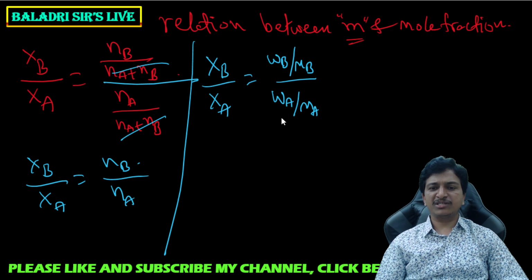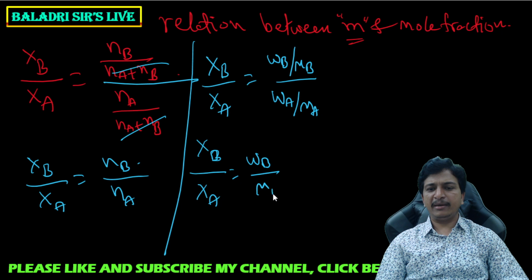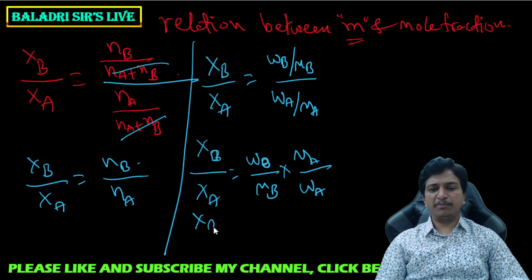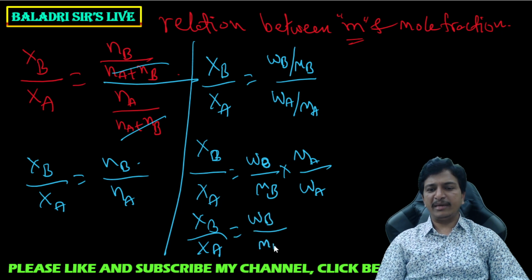Now you can take this fraction to the numerator, so XB by XA is equal to WB by MB into MA by WA. You can multiply and divide with 1000 on the right side: XB by XA is equal to WB by MB into 1000 by WA into MA by 1000.